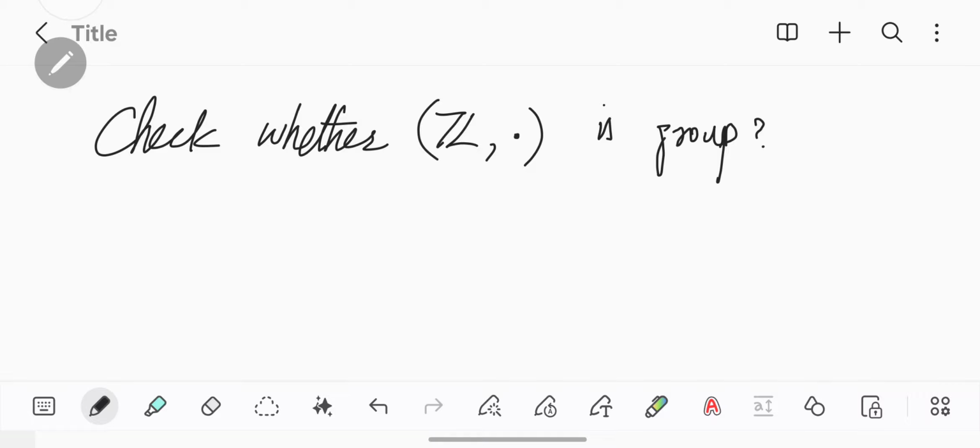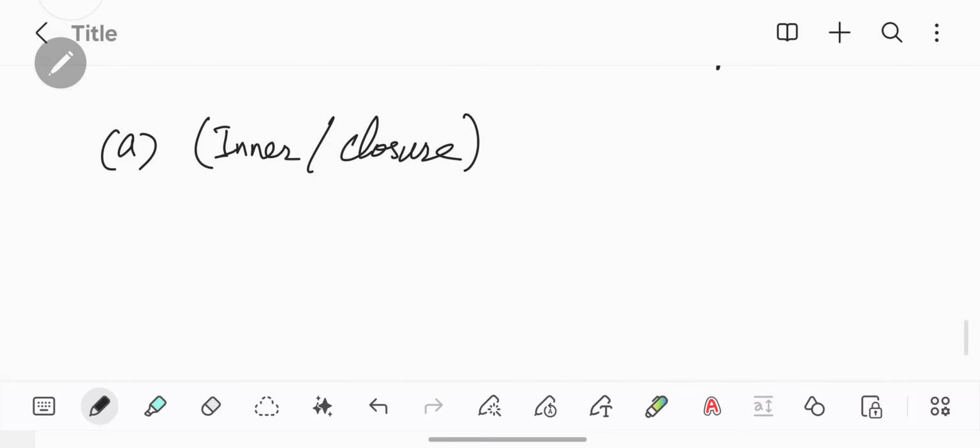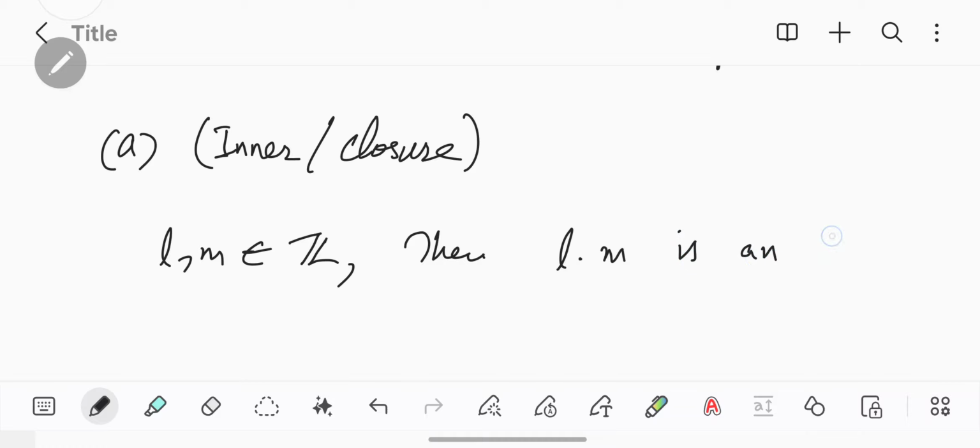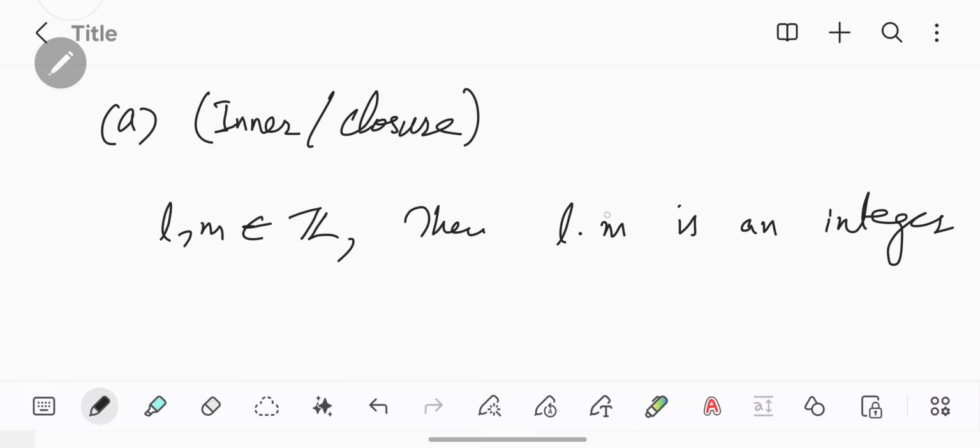That means if I take any 2 integers, let L and M be 2 integers, then I will check whether L times M is also an integer. Yes, of course, it's an integer. This means L times M, the product of L and M.